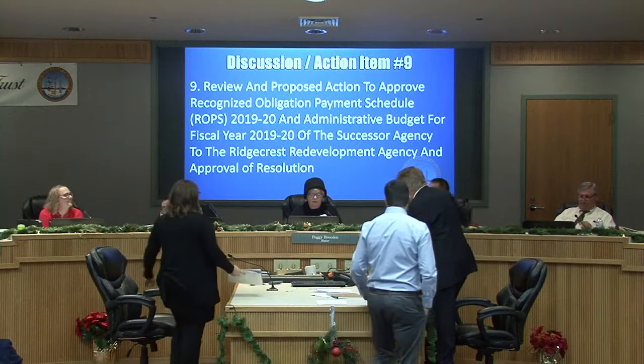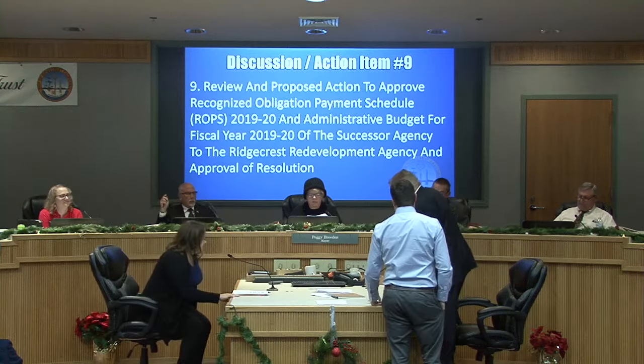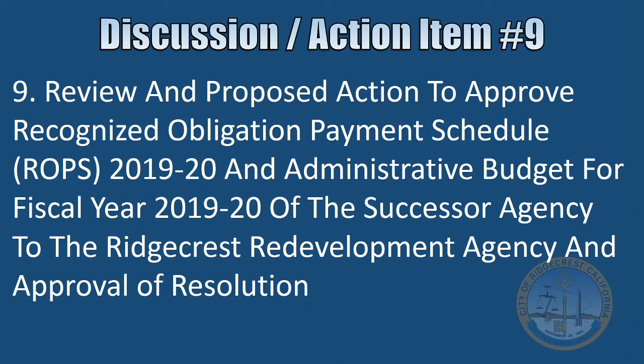Okay, I'm going to read number 9. Review and proposed action to approve recognized obligation payment schedule ROPS 2019 and 20, and administrative budget for fiscal year 2019-20 of the successor agency to the Ridgecrest Redevelopment Agency, and approval of resolution.